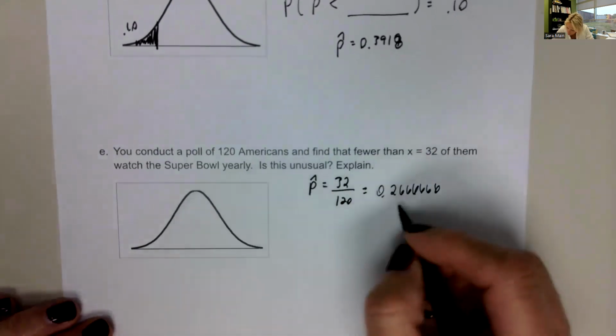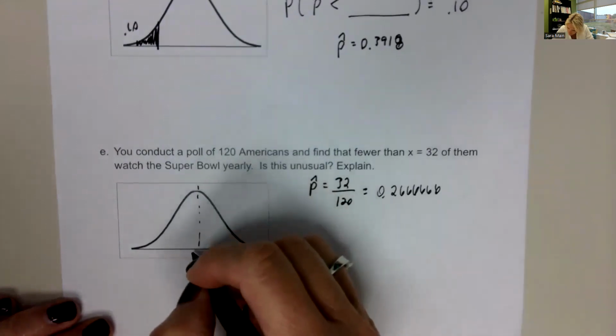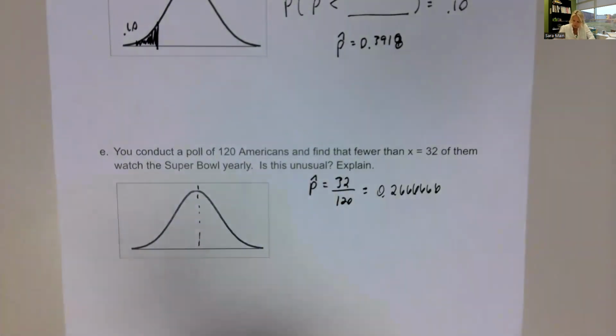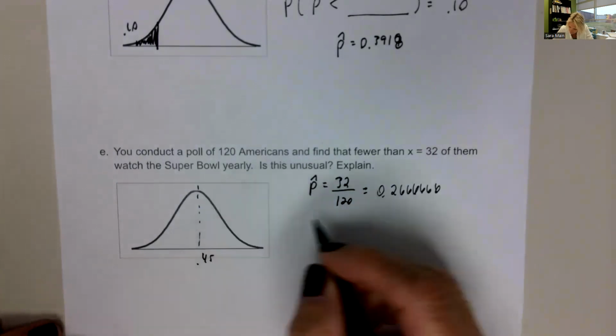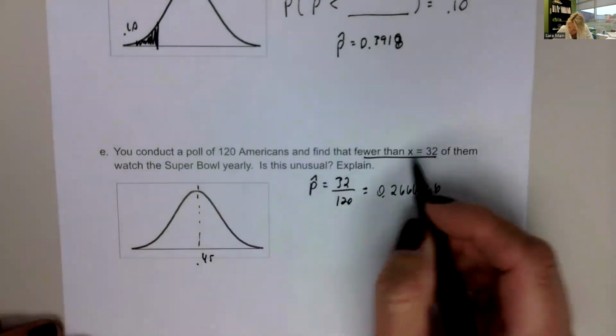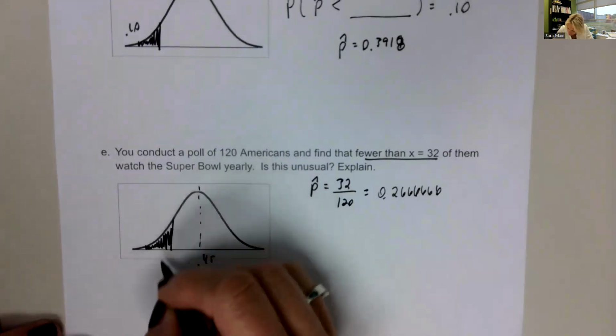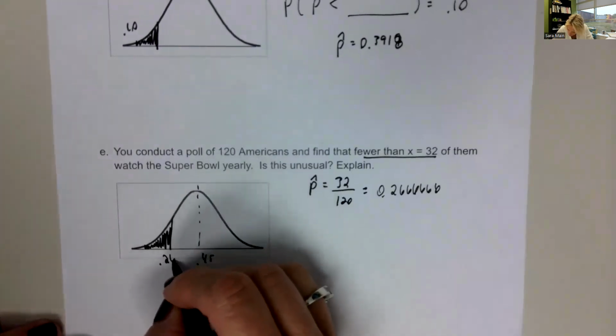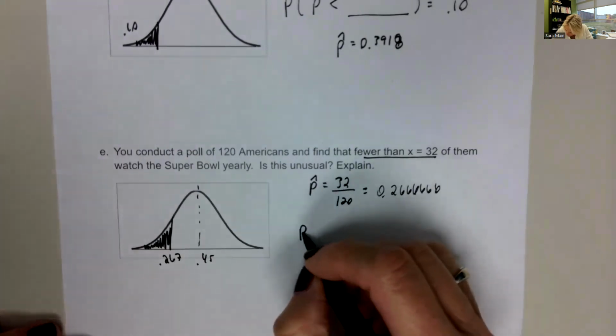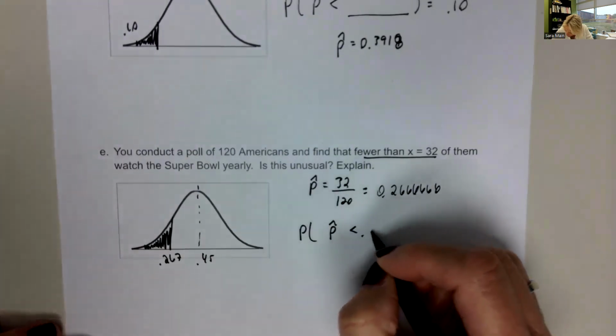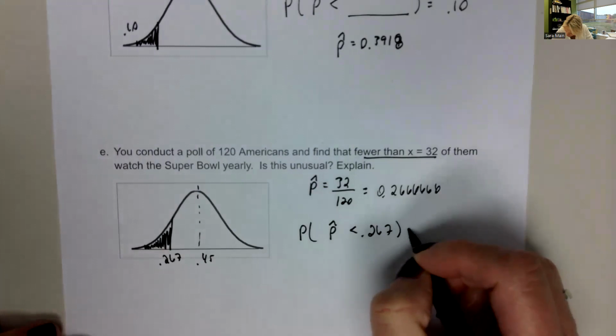So if our center is at 0.45, so fewer than this. So what is the likelihood that we would have something less than 0.267, we'll say. So the probability that your sample p hat will be less than 0.267.